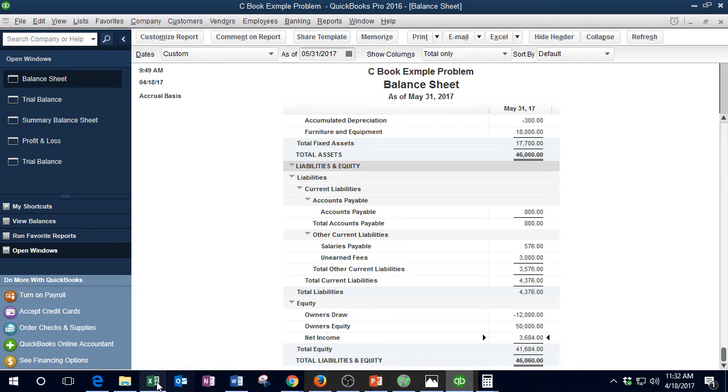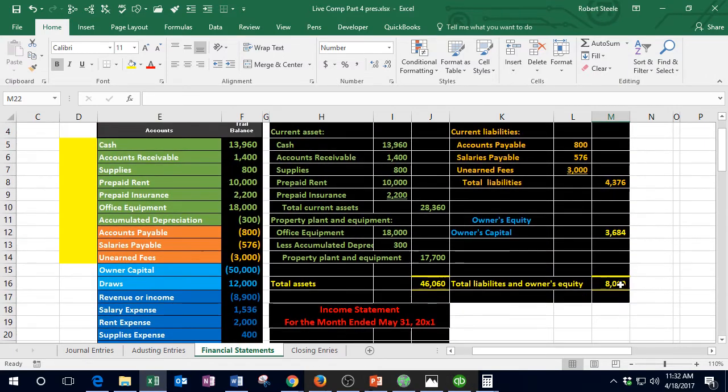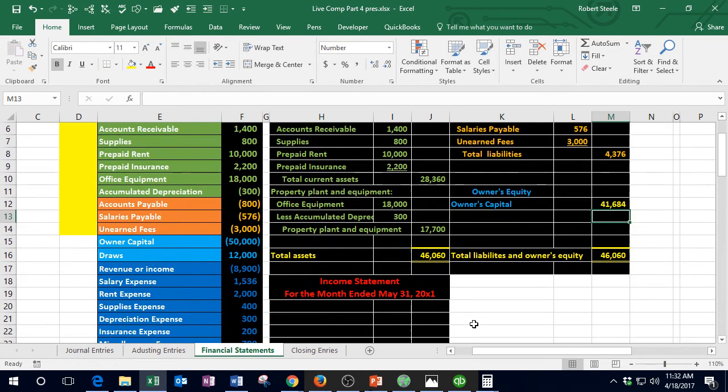That should be what we have here. Negative sum of the 50 down. Okay, 41,684.